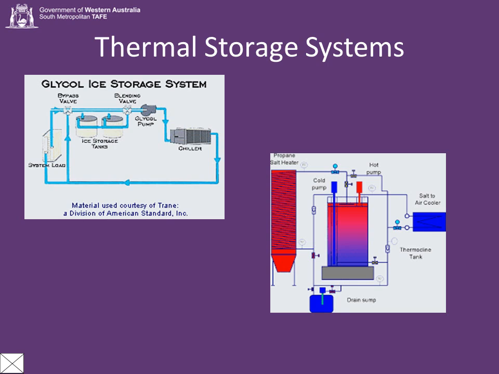Other systems we have are what's called thermal storage systems. This is where we run the air conditioning system, maybe the chiller, maybe during the night. During the night, electricity is cheaper. It's also easier to run a chiller. It's cheaper to run any air conditioning system during the night because the outside air is colder, so it runs more efficiently. Now what we do is we run it during the night and we use it to make ice or very, very cold salty water.